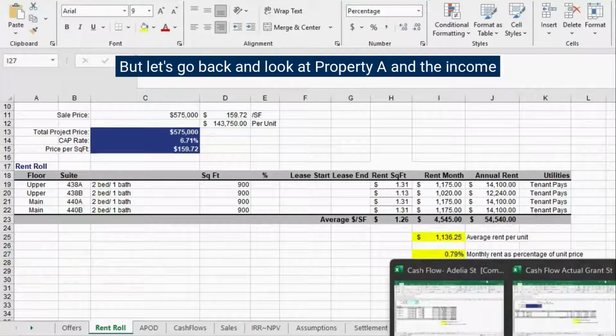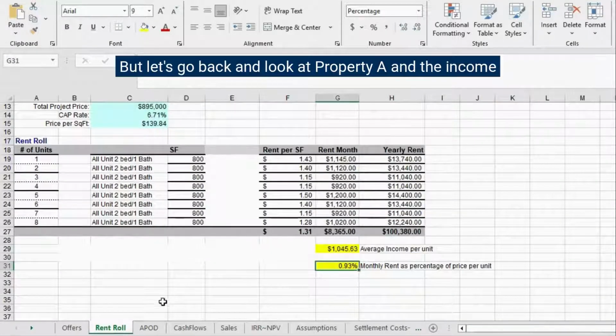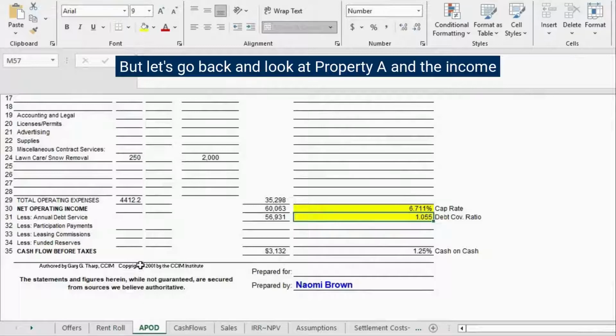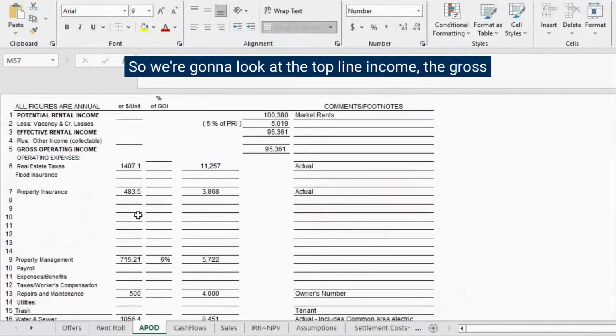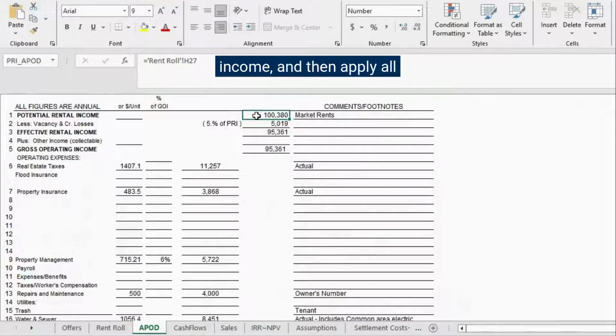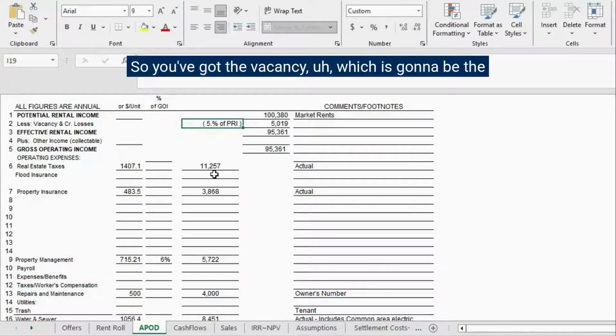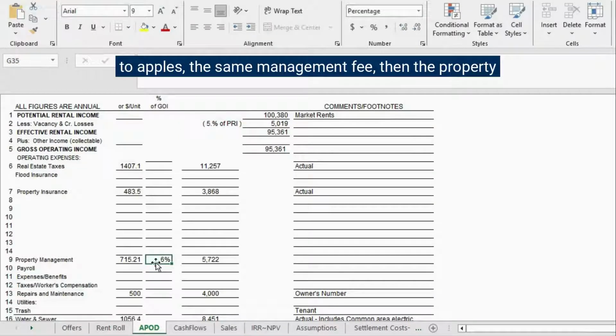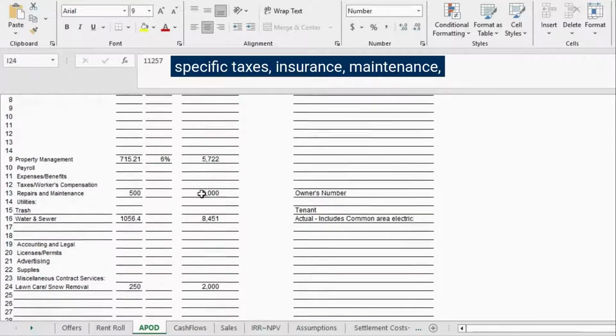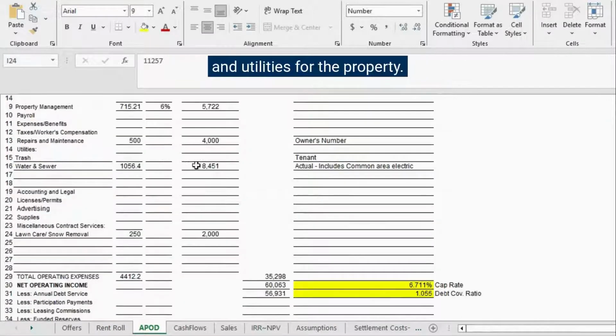But let's go back and look at property A and the income for that property. We're going to look at the top line income, the gross income, and then apply all your typical expenses to the property. So you've got the vacancy, which is going to be the same on both properties, just so we can compare apples to apples, the same management fee, then the property-specific taxes, insurance, maintenance, and utilities.